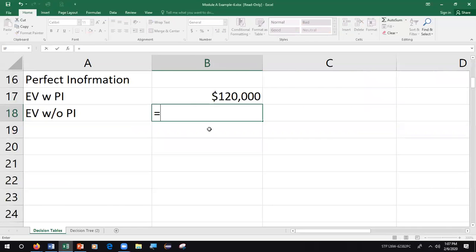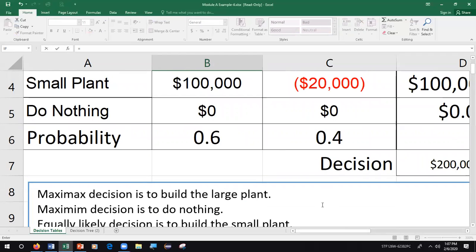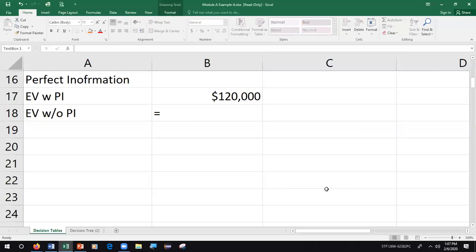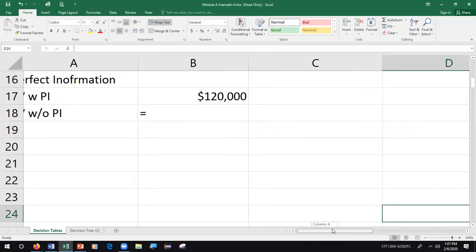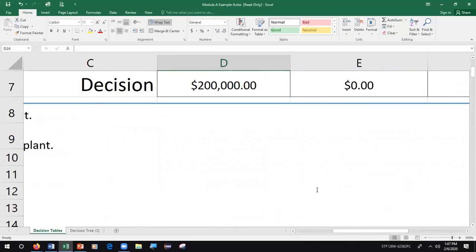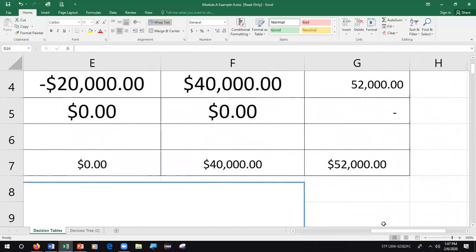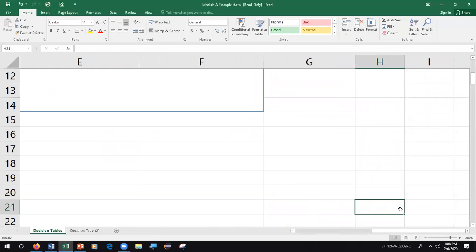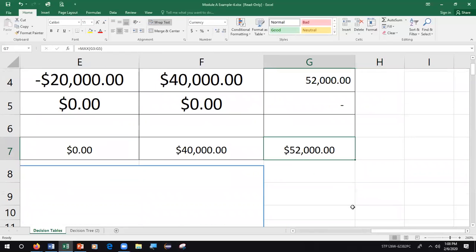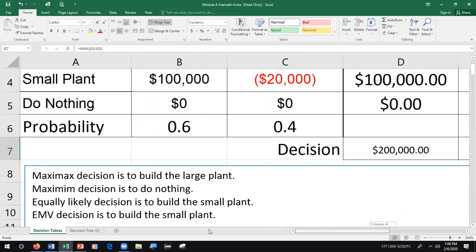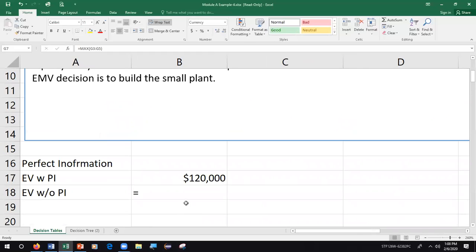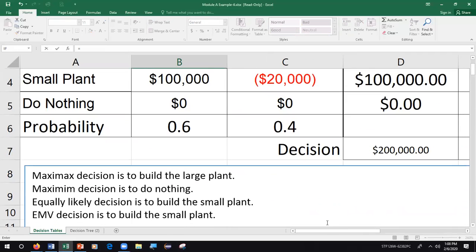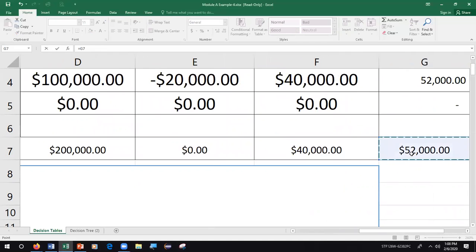So that's just equal to that cell over here where we calculated that EMV, if you've got it where it's not so big. Right?